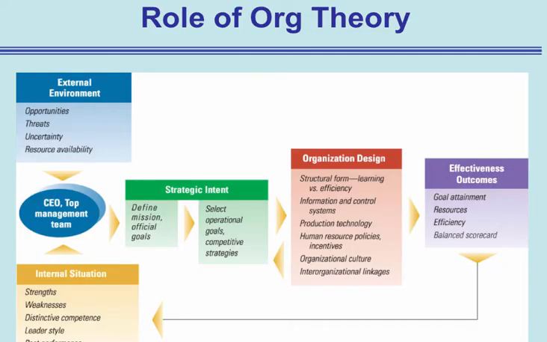So in organizational theory, we're going to be looking at the macro level of all of these different micro components. So really, we're going to be taking an umbrella look at an organization overall, how everything works together in order to give us a better idea of how to make decisions at the upper management level.